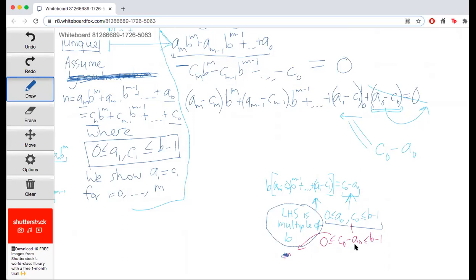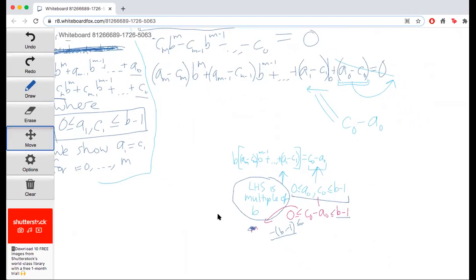But I could also do the opposite to get the most negative number possible. I could set A0 to be the biggest and C0 to be the smallest, so I would just get the negative of B minus 1. But the conclusion is still true. Between negative B minus 1 and B minus 1, the only multiple of B is 0.